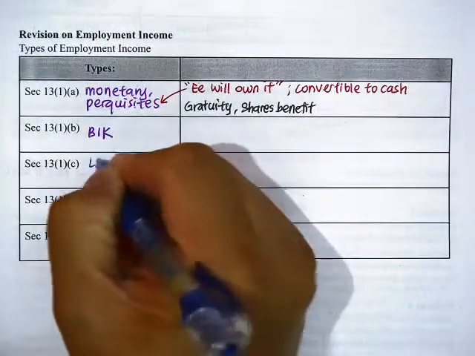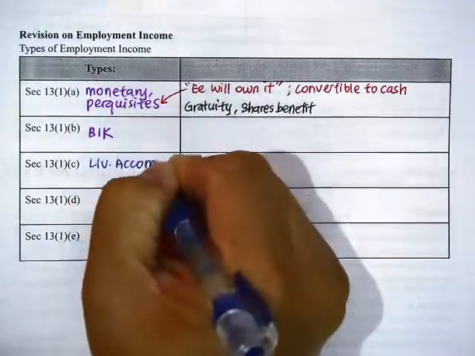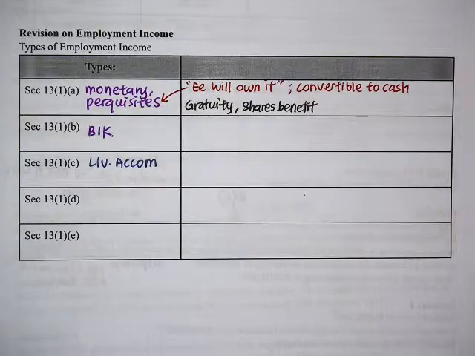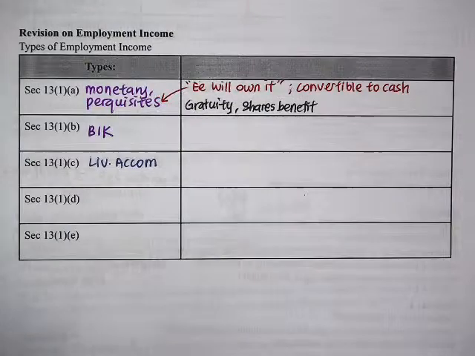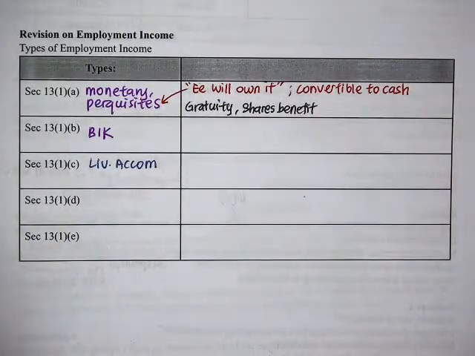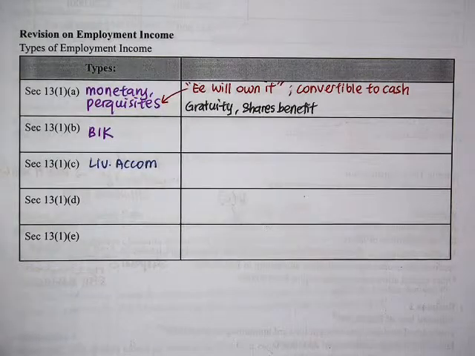Now 13.1c is living accommodation. Of course, this is something that I find not very important, but it came out in the exam also, so you still need to remember how to do it. For cases like an employee given living accommodation, we only deal with the normal cases.